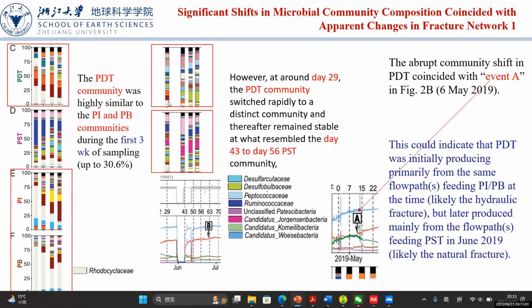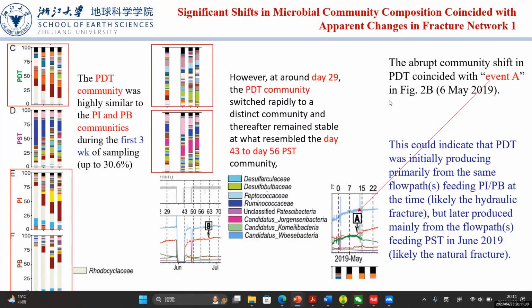So it means from day 29, the composition of PDT communities resembled the composition of PSD community. So specifically they mentioned these microbes.